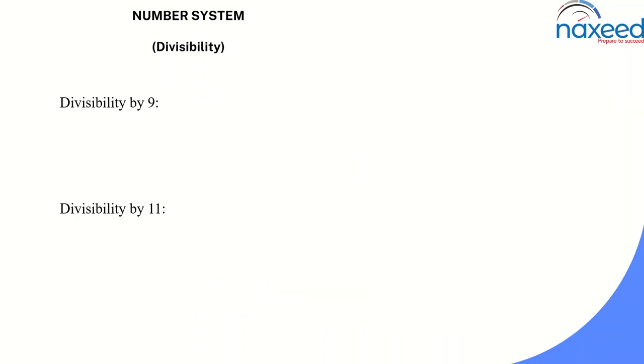Now the divisibility by 9. Same as 3, the sum of the digits must be divisible by 9. That you just check. Only those numbers are divisible by 9.